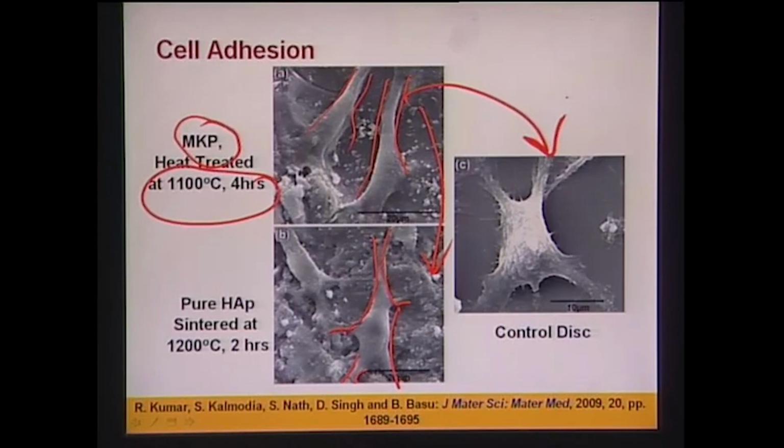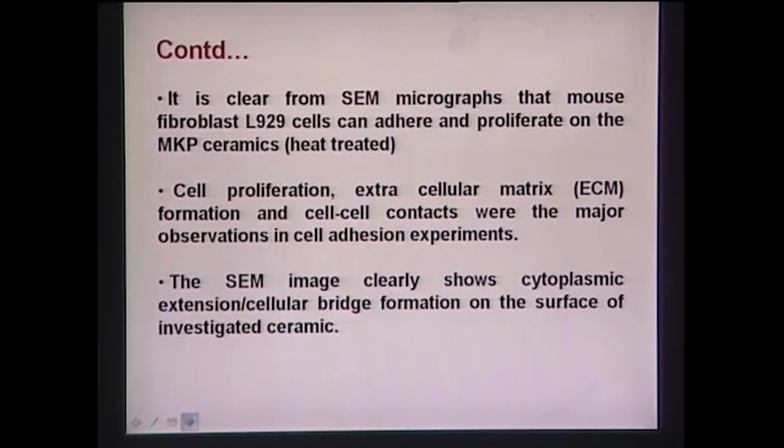So you can qualitatively say, not quantitatively, that the MKP material which we have developed has comparable cell adhesion property to that of hydroxyapatite. So, these are some comments based on what I have just told you.